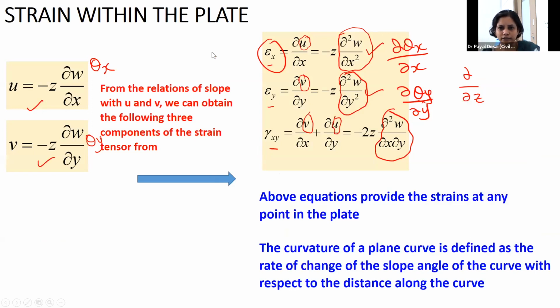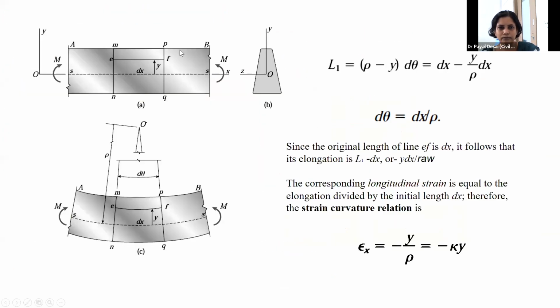You may see this equation, epsilon x is minus z times del square w by del x square in case of beam. You may want to refer to this figure, where in case of beam we determine how much is the change in the fiber away from the neutral axis, and from the simple definition of the strain, the final length minus original length divided by the original length, that will give you the strain.